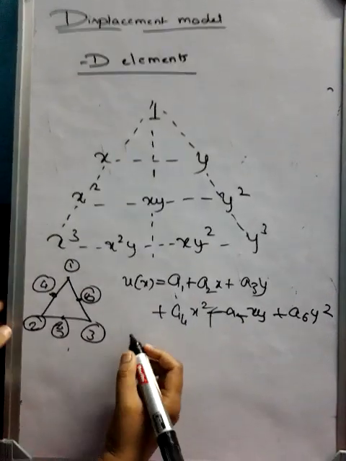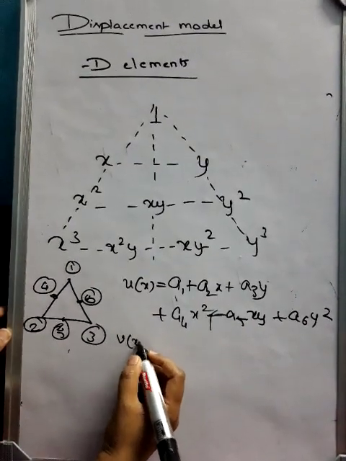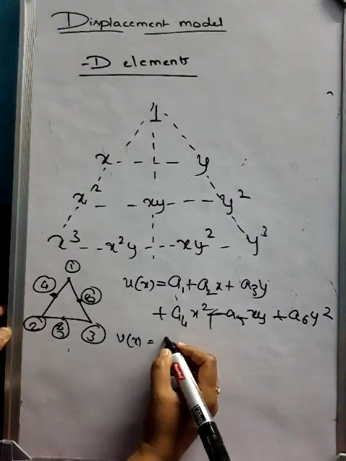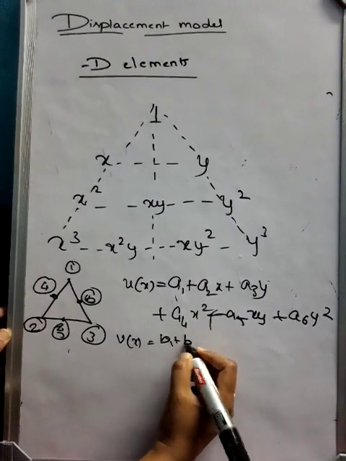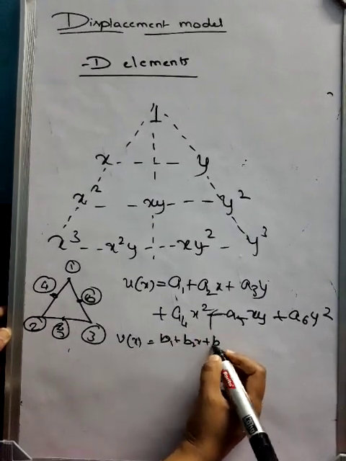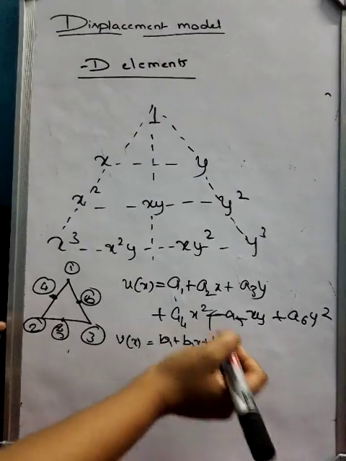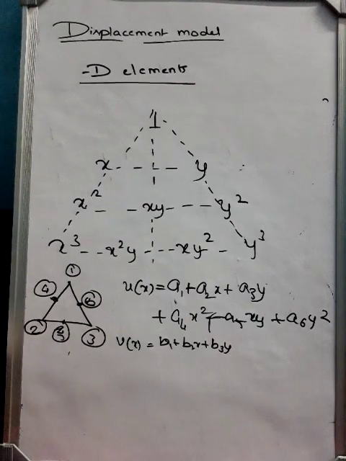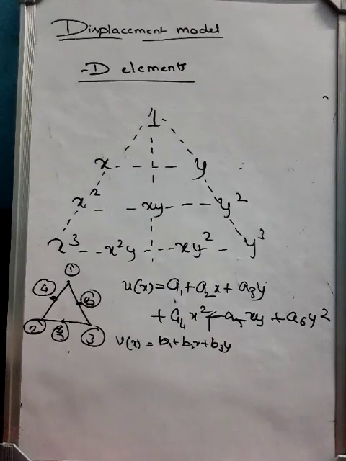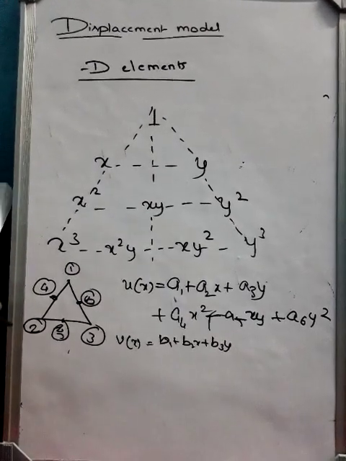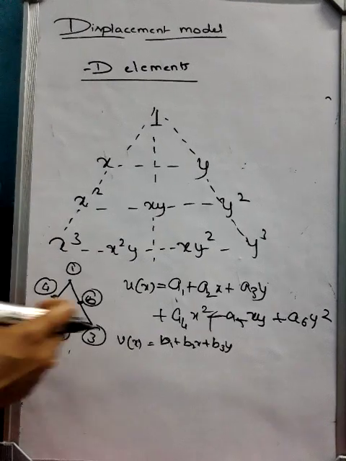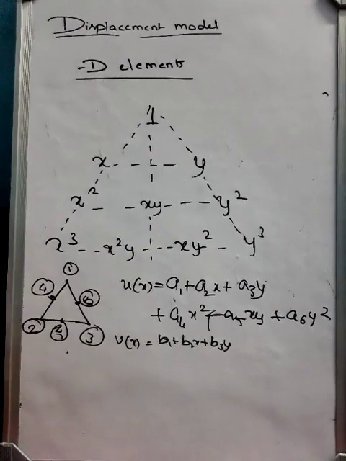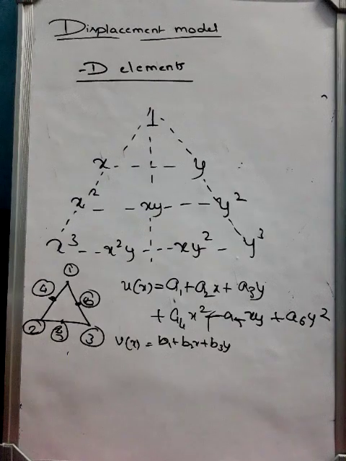Now v of x also we will write. It would be b1 plus b2 into x. The writing is the same way, you are going to consider the polynomial values. Generalized coordinates would be different. For u we will be taking a1, a2, a3, a4 and all.